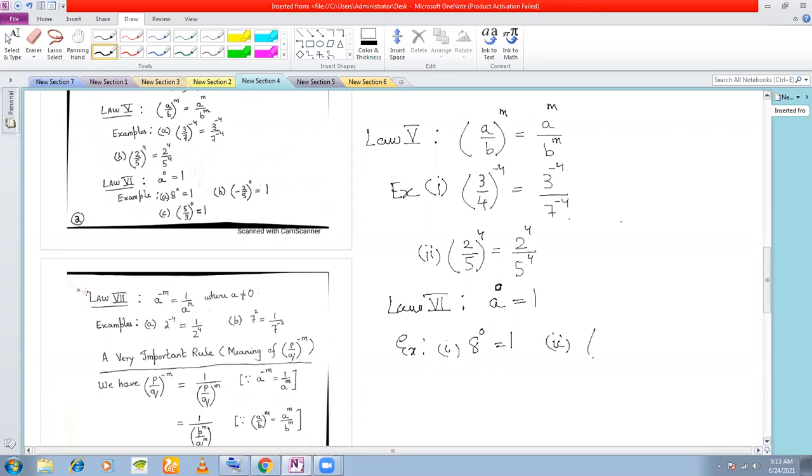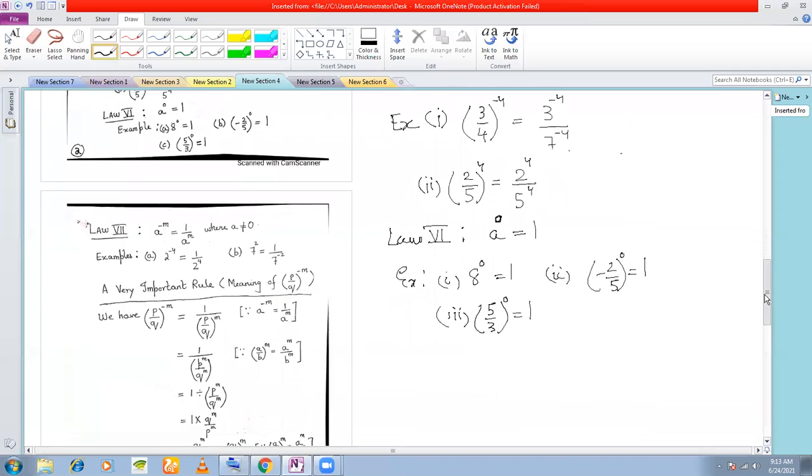Next, you can have minus 2 by 5 to the power of 0 is also 1. And you can have 5 by 3 to the power of 0 is 1. So without doing anything, you can simply write any fraction or any natural number, any integer raised to the power of 0 is always 1.